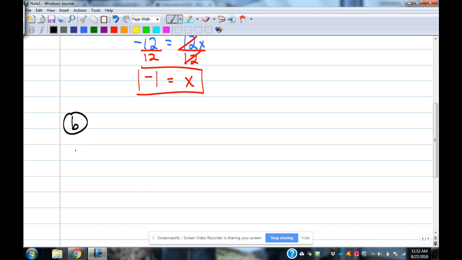Look at example B here. So we had x plus 3 was negative 1 plus 2x. Well, that first one, we moved the x's first. Again, that doesn't have to be what we do. We can go the other direction if you wanted to. So let's say we wanted to move this 3 first.